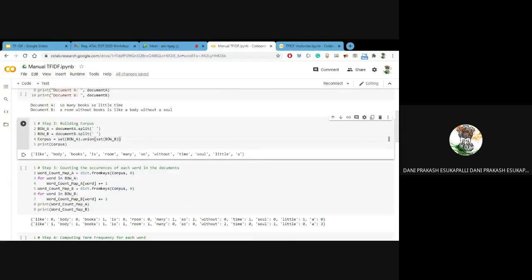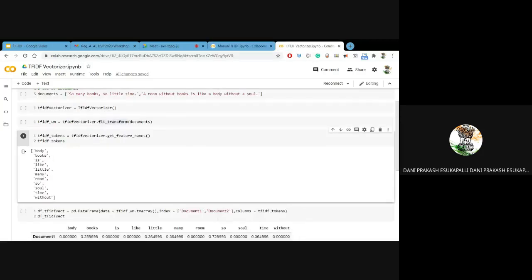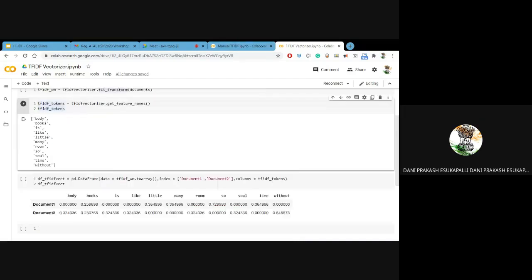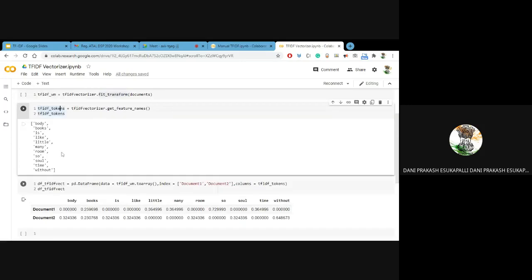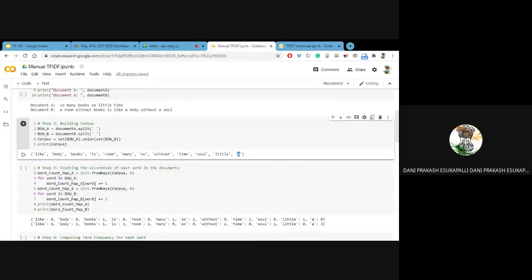You can see "a" is also there; we took "a" as a feature here, but here "a" is not there because it's not that important. It's like a stop word. If we give the TF-IDF tokens, it will give all the feature names that we had here.